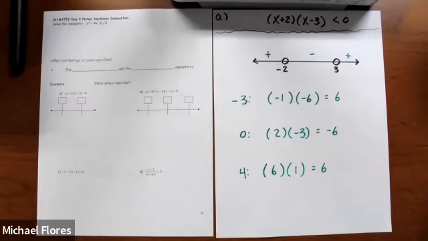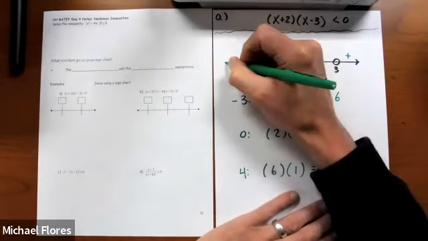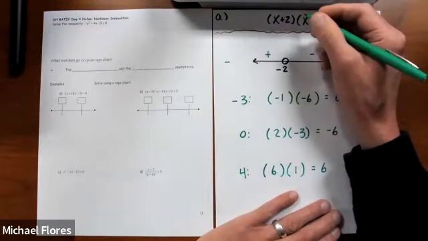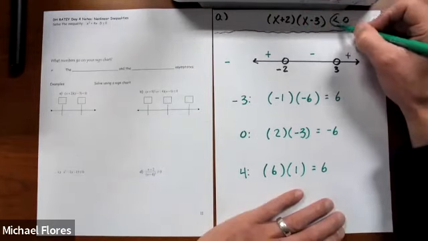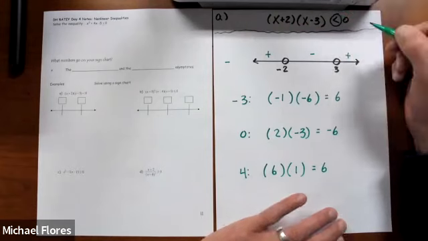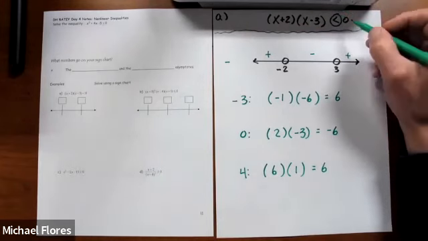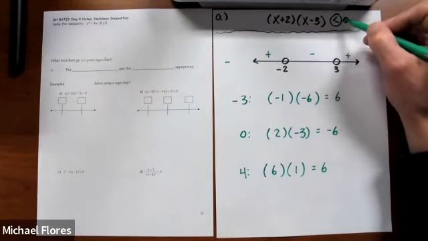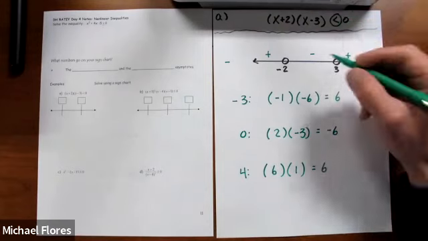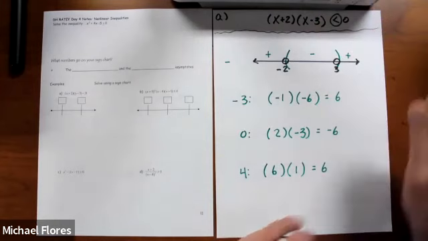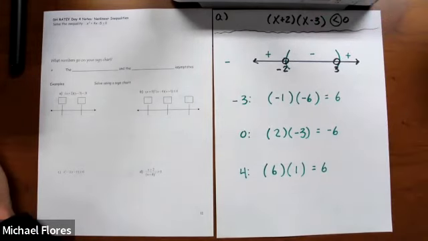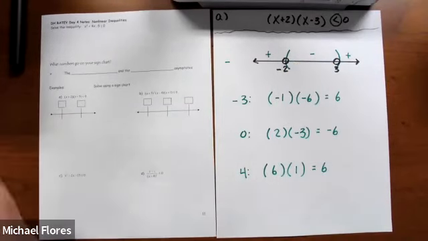So this answer is going to look a little different from the previous one. What are we looking for? Oh, yeah, sorry. We're looking right here. I was wrong. This one's going to look somewhat similar. I was thinking of something else. Sorry. We need all the values where the function is less than 0, and that is going to occur right here, since everything in that interval would produce a negative result.